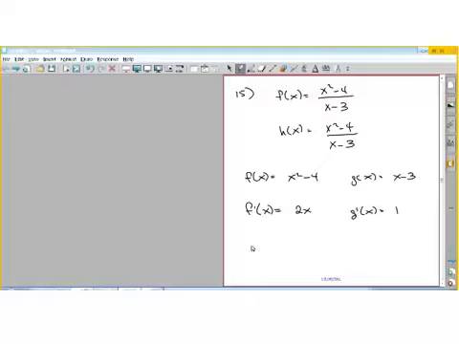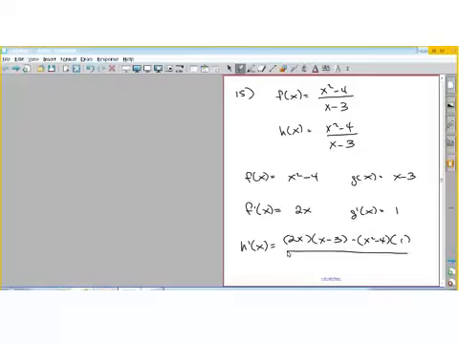So those are the derivatives. Therefore, h prime of x is f prime of x times g of x minus f of x times g prime of x, all divided by g of x quantity squared.